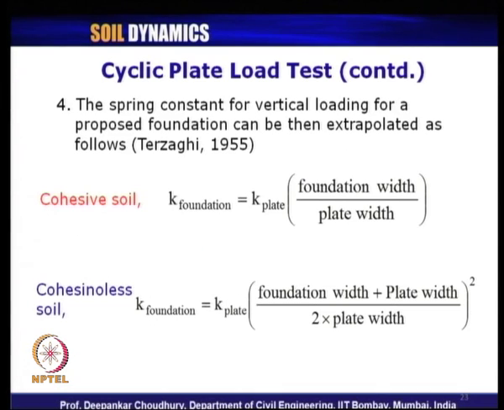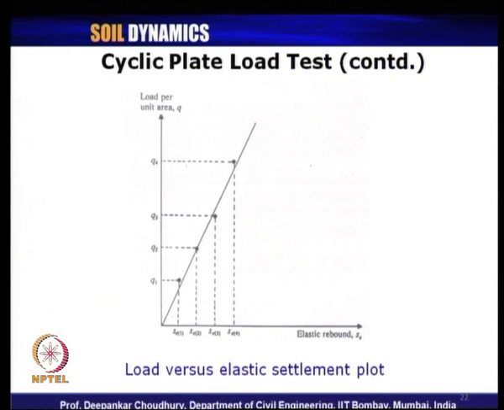So, what does it mean? Let me go back to the picture once again. The slope of this curve is the dynamic subgrade modulus, and what will be the unit of that? If q is in kilonewton per meter square and the settlement is in meter, that is, all SI units, the unit of the dynamic subgrade modulus will be kilonewton per meter cube.